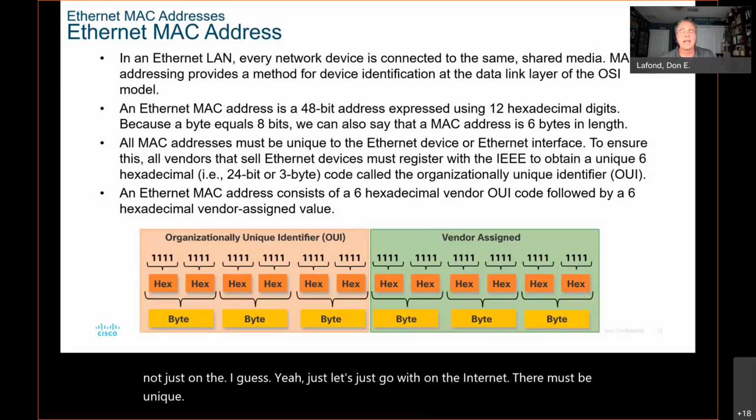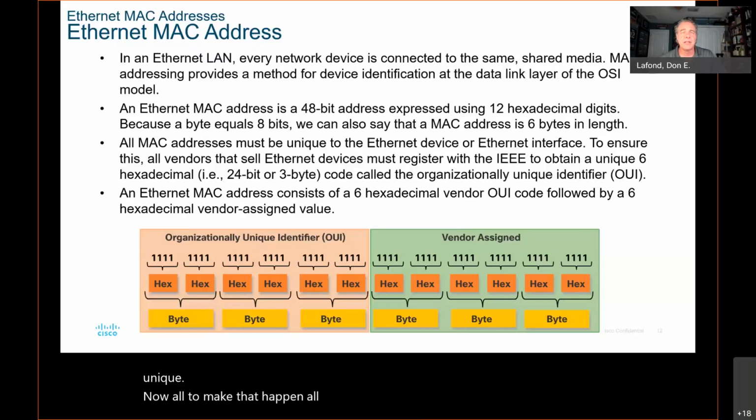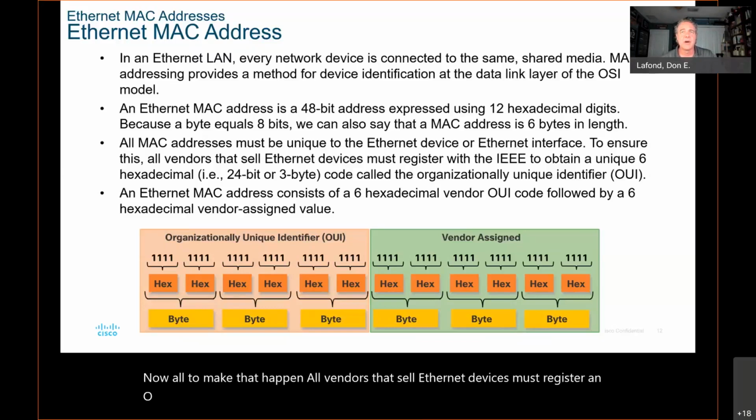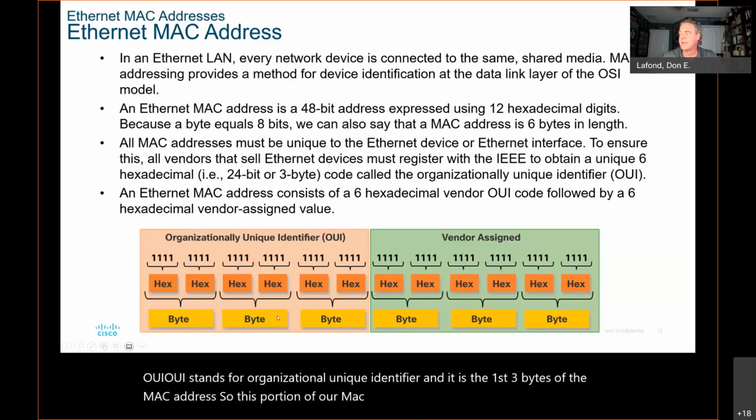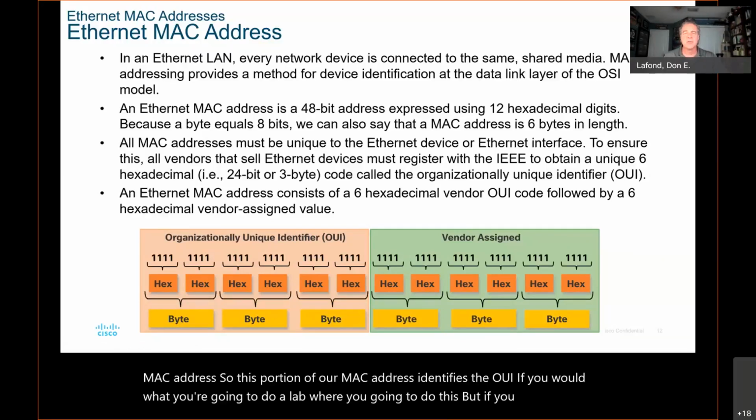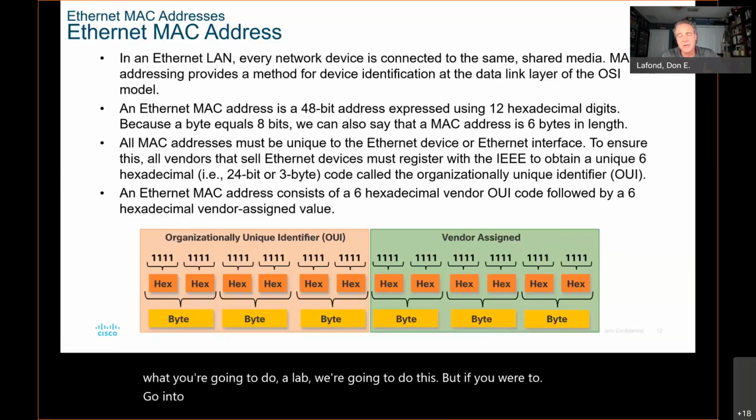Now, to make that happen, all vendors that sell Ethernet devices must register an OUI. An OUI stands for Organizational Unique Identifier, and it is the first 3 bytes of the MAC address. So this portion of our MAC address identifies the OUI. You're going to do a lab where, on your PC, you do an ipconfig /all, and you'll see your MAC address.